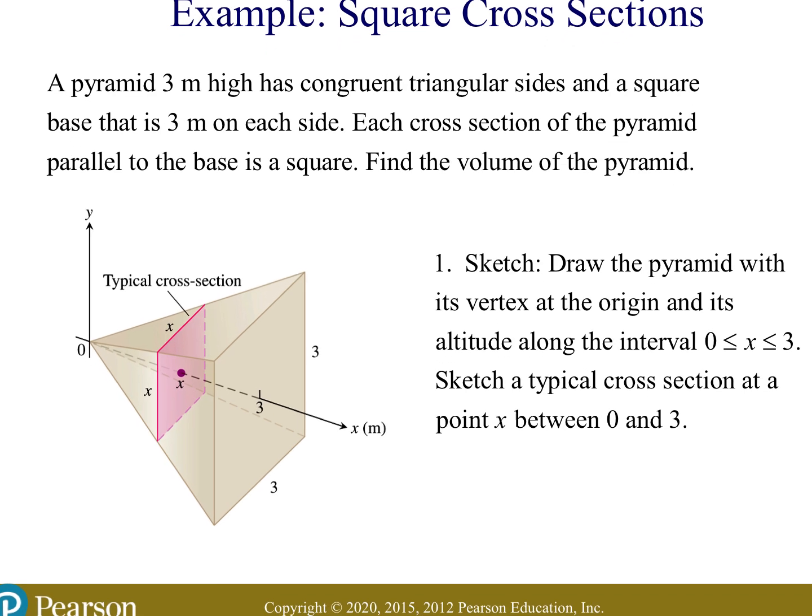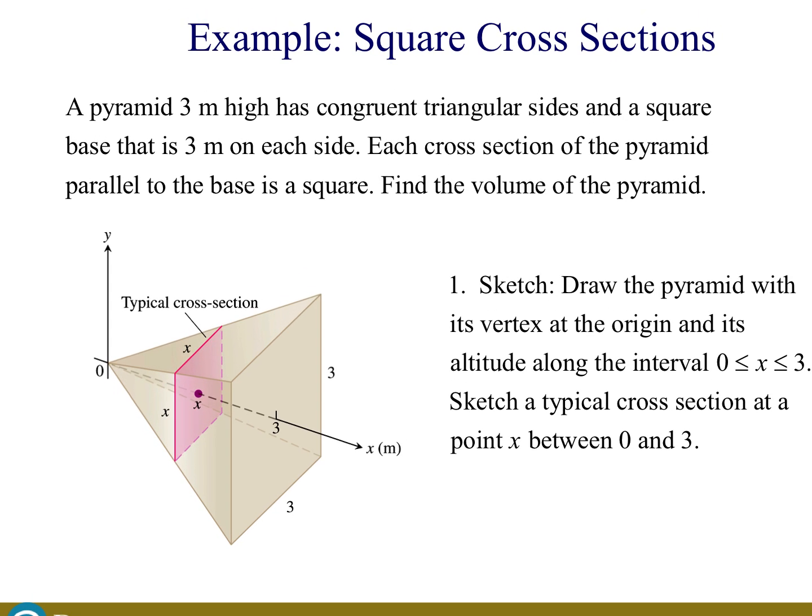This is a pyramid that's been turned on its side, but its cross sections are square. We know that the largest square is 3 meters high and 3 meters wide. So squares all around. As we try to figure out the one slice, like the red slice in the middle, I actually want to think about the end here.